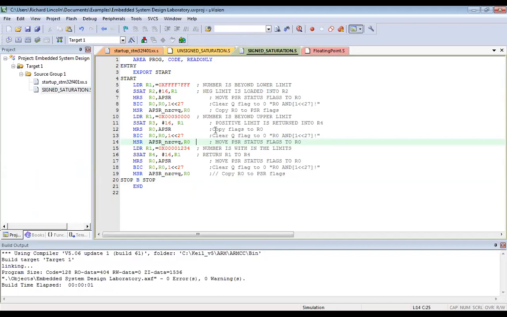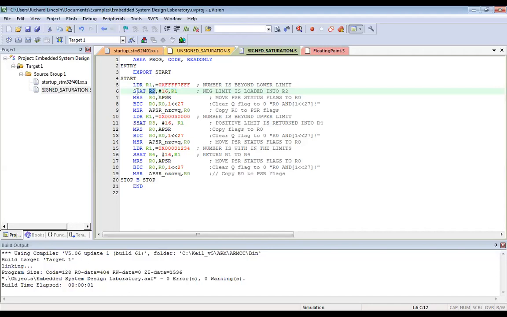As I was mentioning, if the number is beyond the lower limit, we give the value and check it against the upper limit and the lower limit, and transfer accordingly. R1 here, we are going to compare with 16 bits, and the final value is transferred to R2.